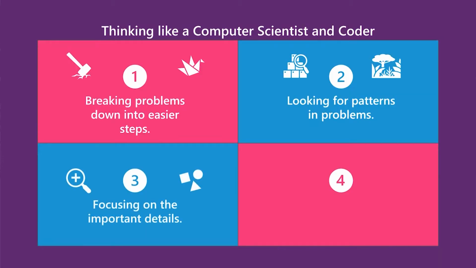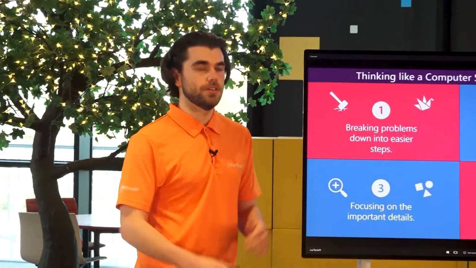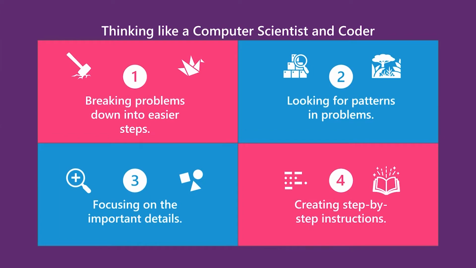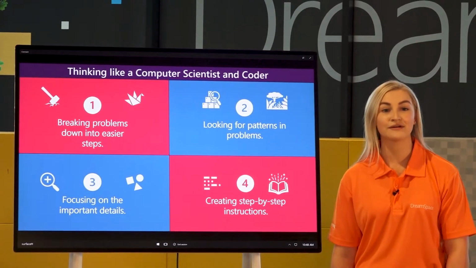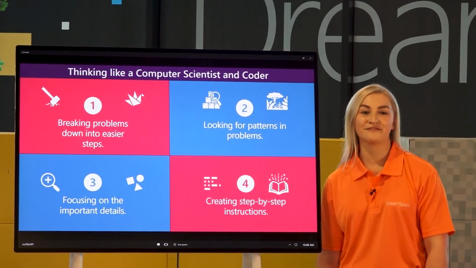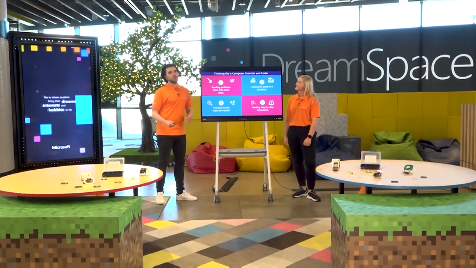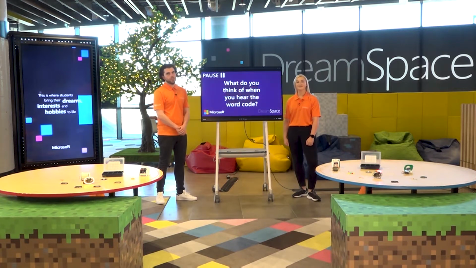In episode number 3, we were focusing on the important details, or more specifically, the important details we wanted to include in our pixel characters. And in episode 4, we were creating step-by-step instructions, or as we know now, algorithms, to solve problems in our favourite stories.